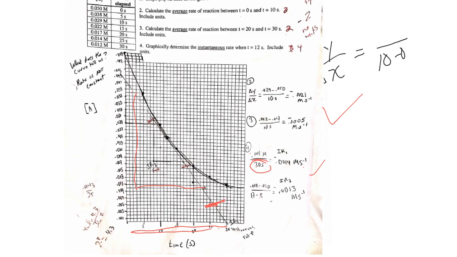So again, you could have taken different points, and that's perfectly acceptable. But I did it just to check myself, and you can see that it is relatively the exact value, negative 0.0013. With such small molarity differences, that is definitely allowable.